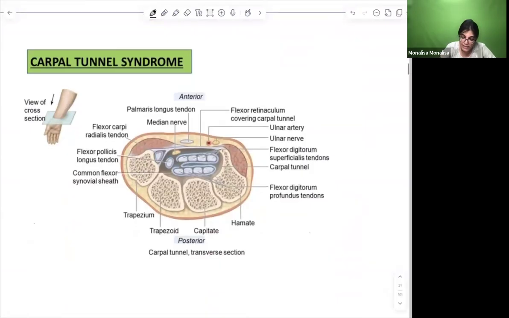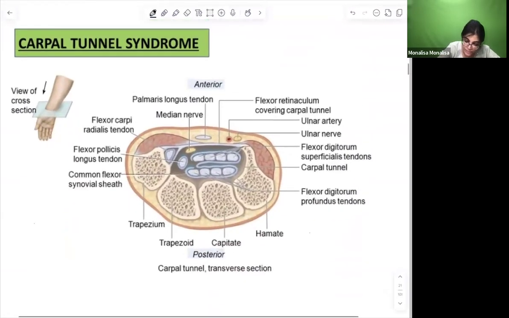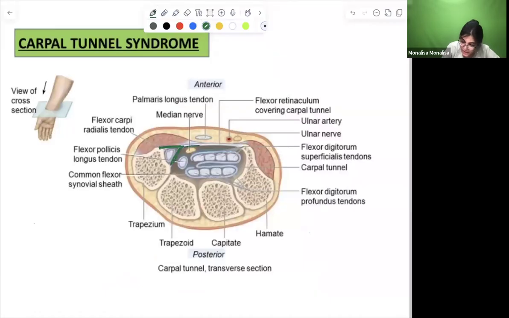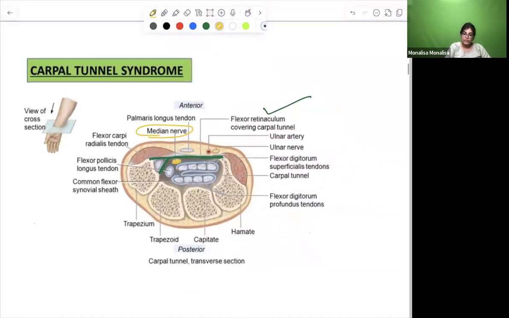Now, here you can see the cut section. In this diagram, the structure I have highlighted in green is the flexor retinaculum, and beneath this we have the median nerve. In carpal tunnel syndrome, the median nerve is compressed.